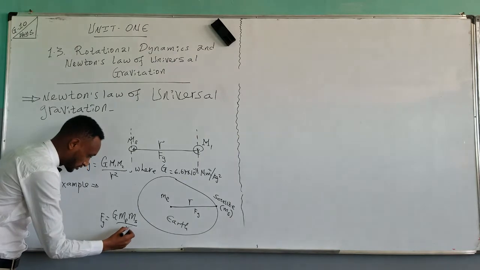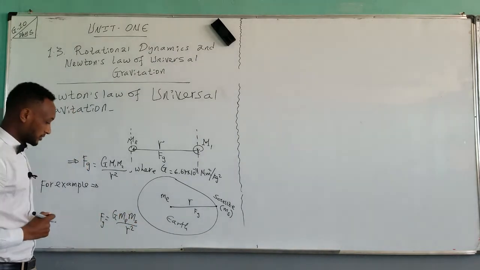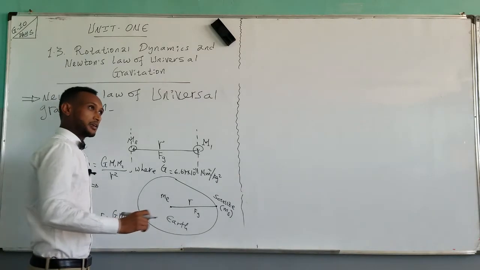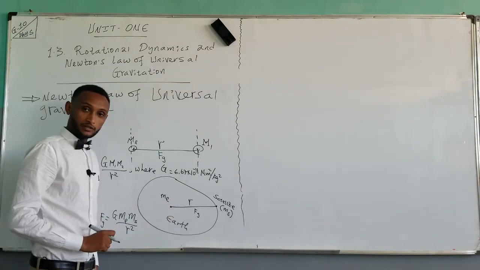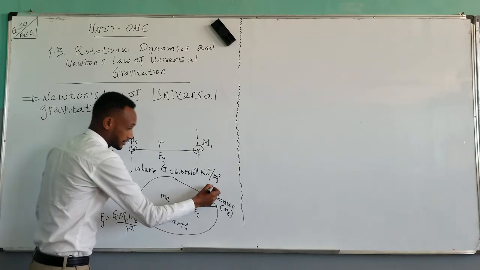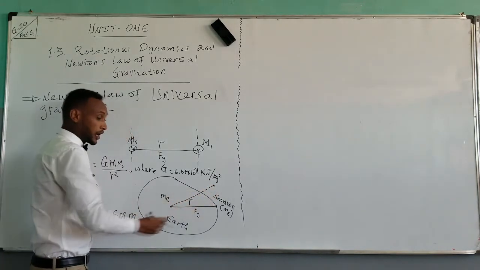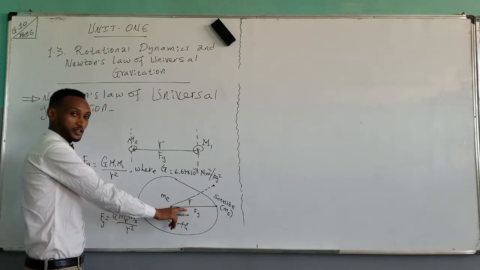Another case is when the satellite is outside the radius of the Earth. This one is the radius of the Earth.